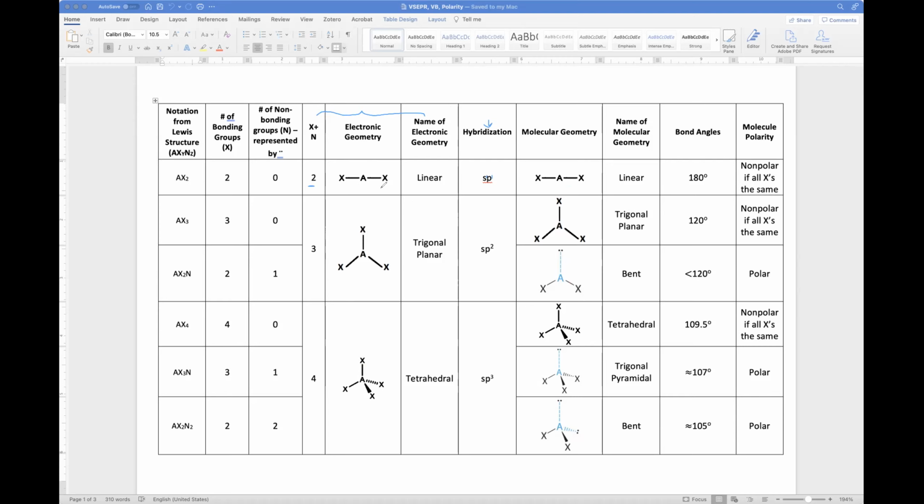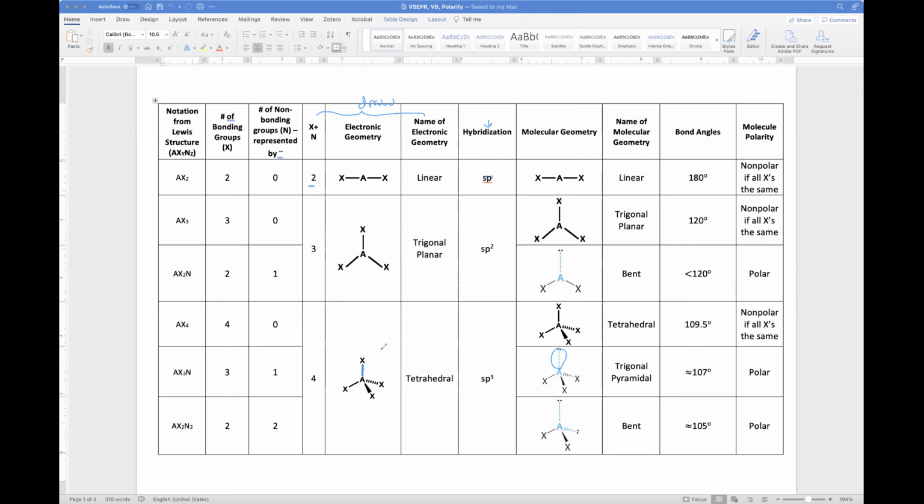Now, you will need to be prepared to draw your structure. Now, to go from the electron geometry to the molecular geometry, I hope you saw what I was doing. I basically said, okay, I got to take this bond and make it into a lone pair.